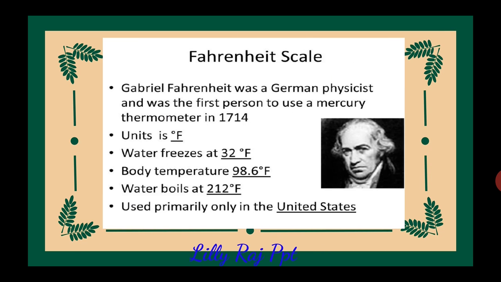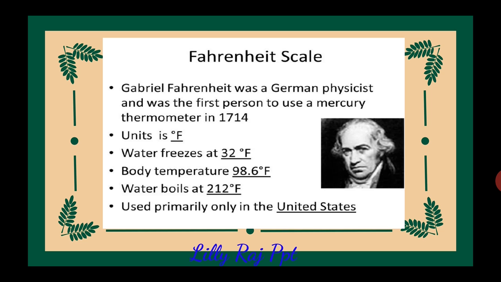Fahrenheit scale. Gabriel Fahrenheit, a German physicist, was the first person to use a mercury thermometer in 1714. Before the Celsius scale was found, the Fahrenheit scale was invented by Daniel Gabriel Fahrenheit.